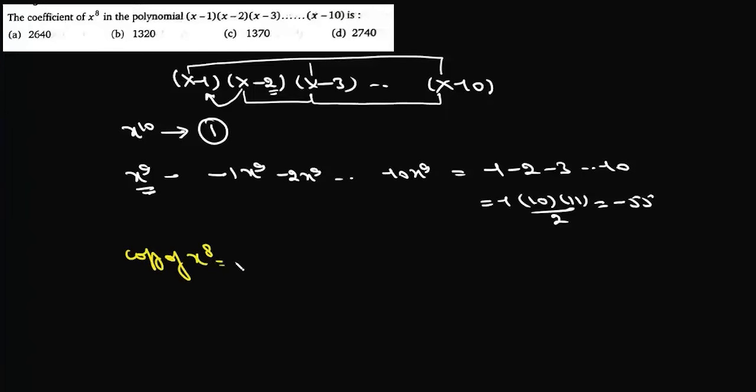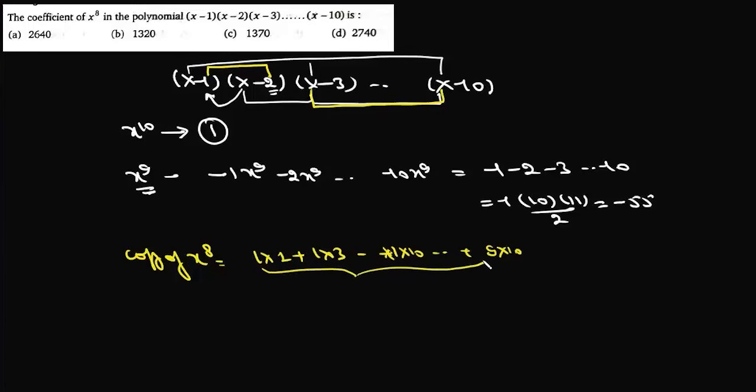Now we get x to the power 8 when 8 of the x's get multiplied to themselves and then this x to the power 8 gets multiplied with the constant terms of 2 brackets. So it will be 1 into 2, 1 into 3, 1 into 10, and will continue up to 9 into 10. So basically it is the product of all the terms from 1 to 10 taken 2 at a time.